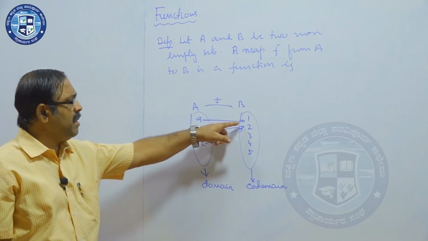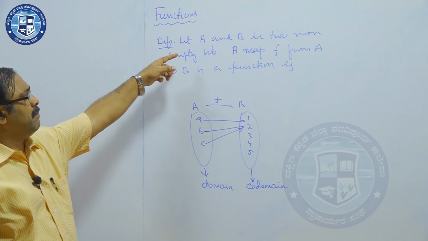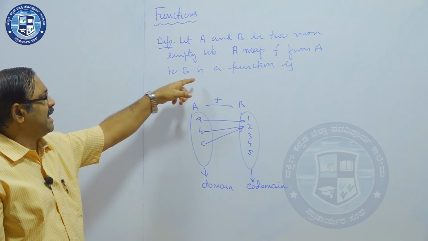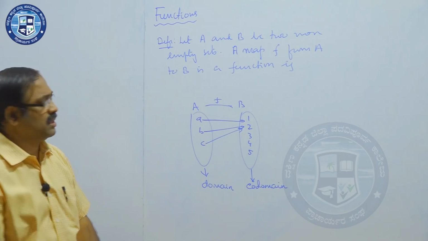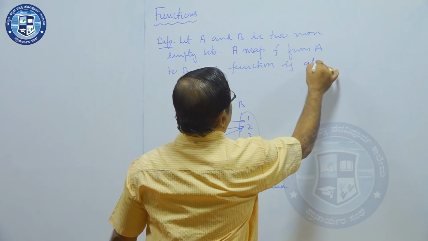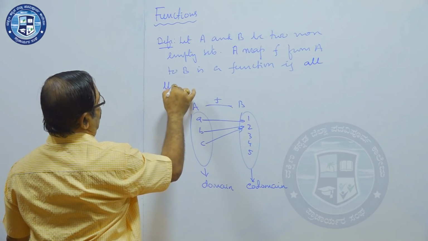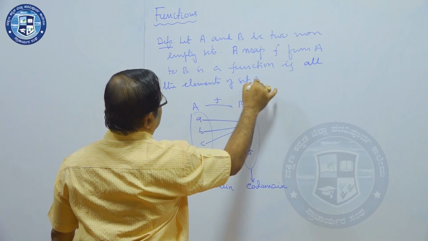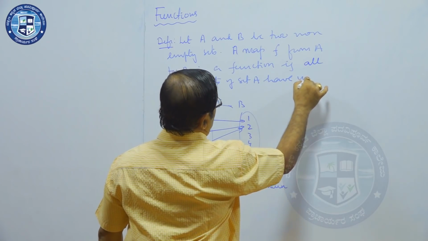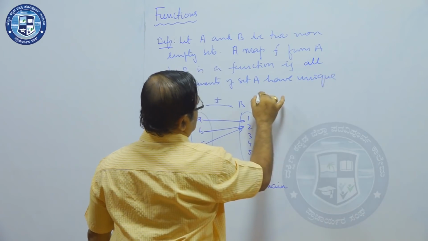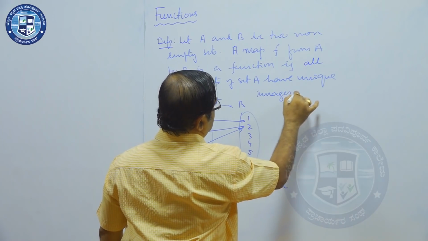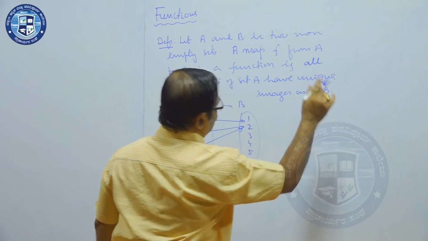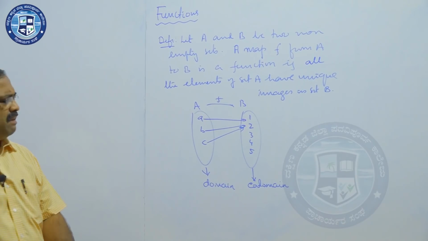So the images are unique. So the mapping f from set A to set B is a function if all the elements of set A have unique images in set B. So this is the simplest definition, very simple.